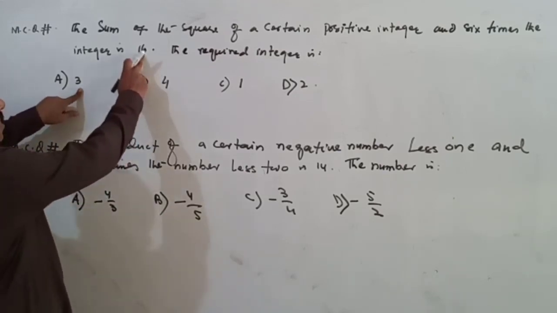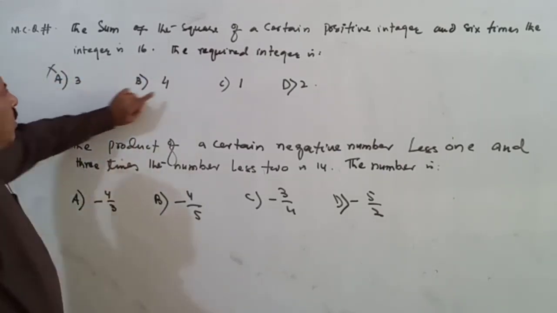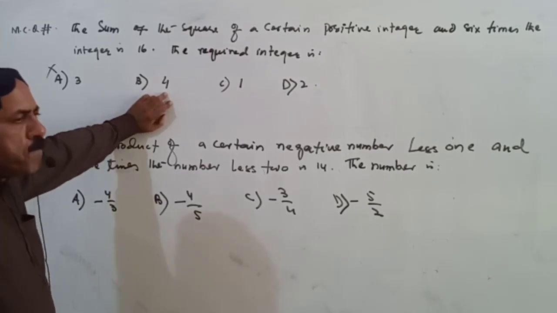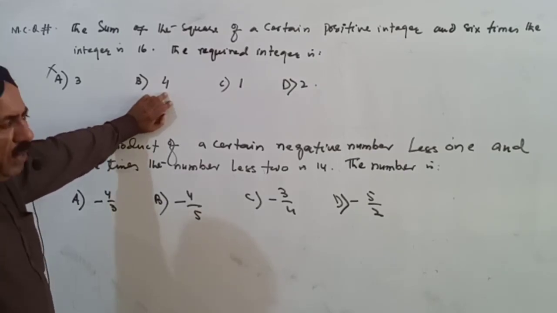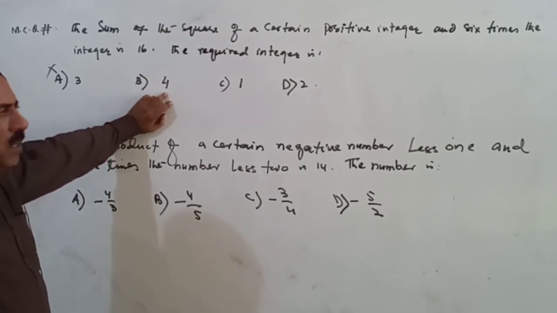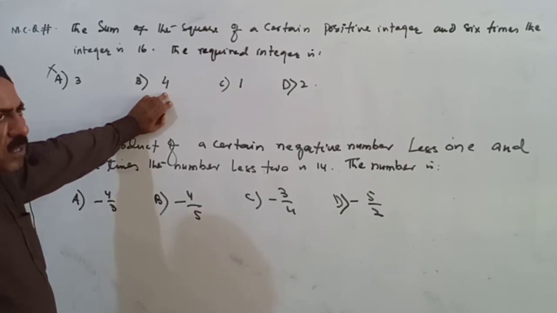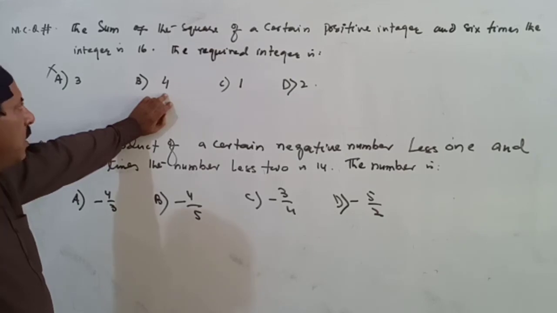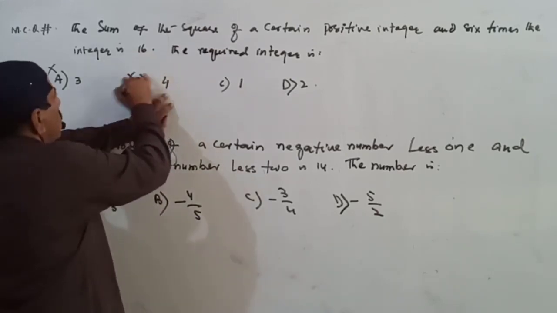But we need 16. This is wrong. 4: 6 times 4 is 24, 4 square 16. 16 and 24 cannot be equal to 16.